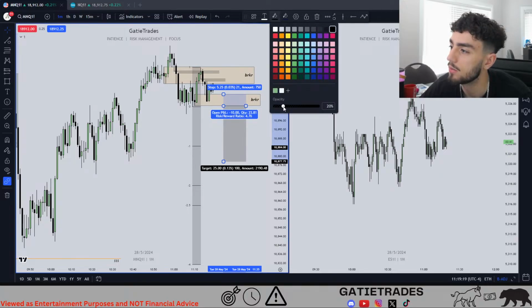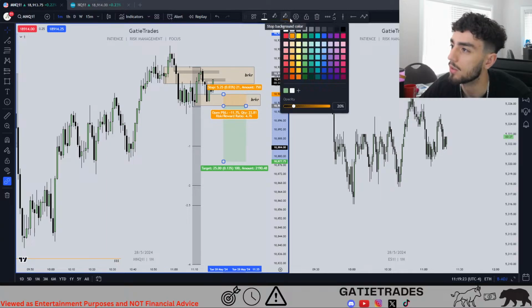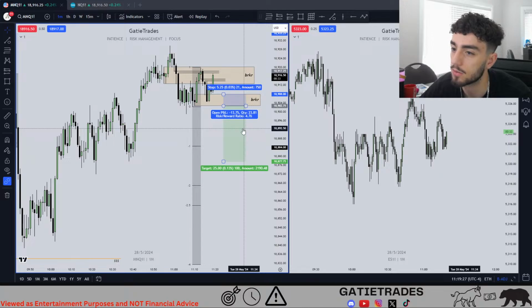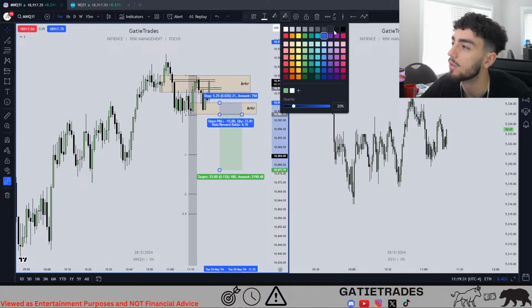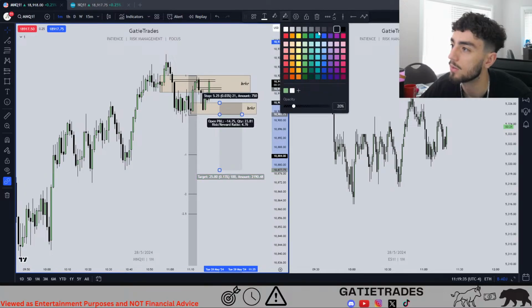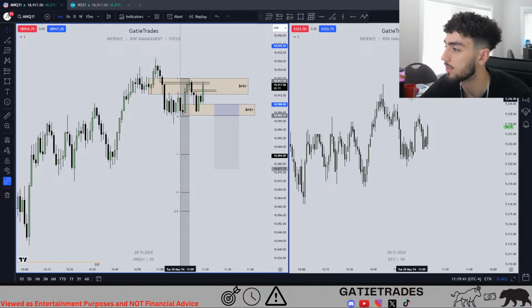Oh hell no. Oh, looks like it's destroying everything. So let's not take it. Let's just observe. I like my stop loss in blue. Okay. Well, let's see. Yeah, doesn't look good.